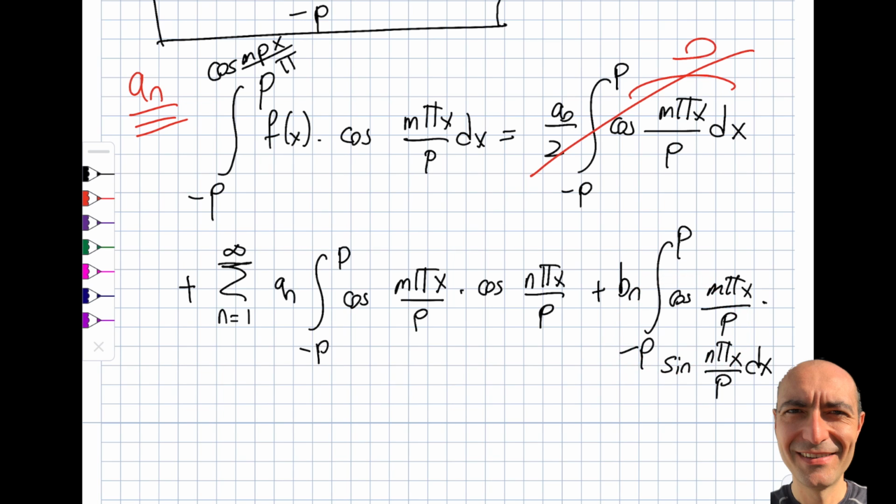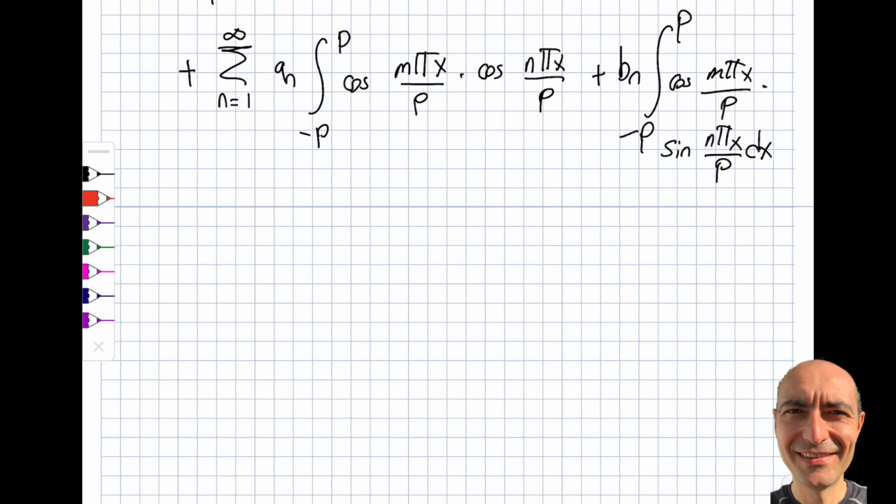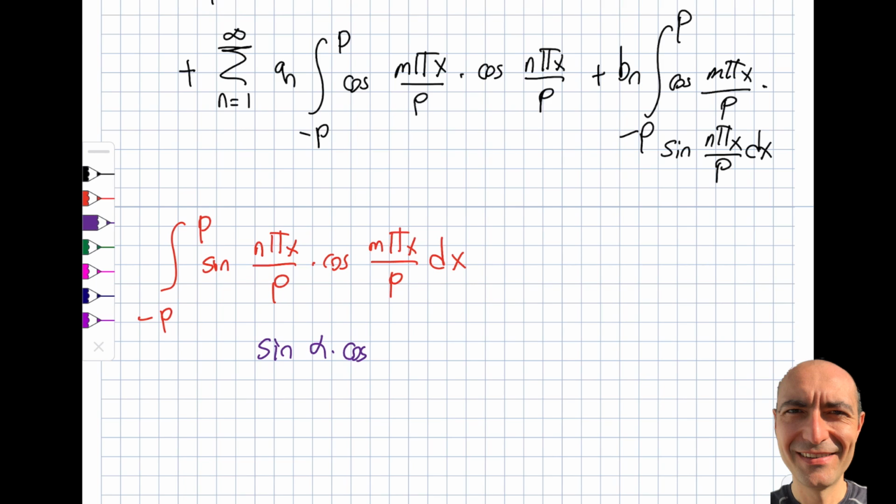So let me show you how it goes to 0, because I didn't do that just yet. Okay, so let's do it. The integral from minus p to p of sine of n pi x by p times cosine of m pi x by p dx. The one thing to note is, as I mentioned in the previous segment as well, this is the trigonometric identity for this sine cosine product: one half of sine of alpha minus beta plus sine of alpha plus beta.